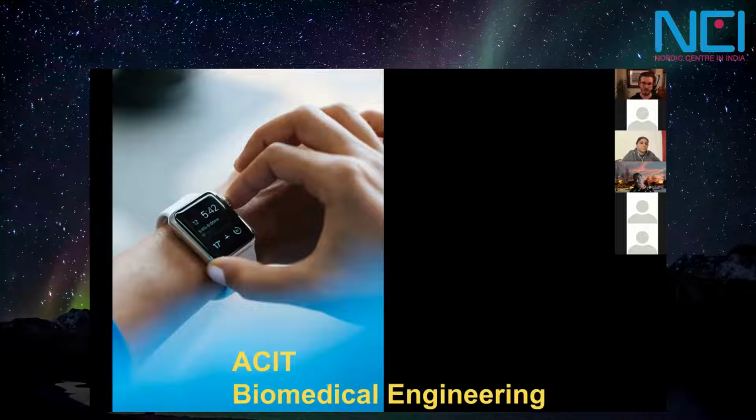We also have Biomedical Engineering, and this would deal with things such as artificial heart valves or means of measuring, let's say, heart rate and blood sugar levels and so on. It's still within technology. It's very interesting to see the cross-pollination across these specializations and some of the others.